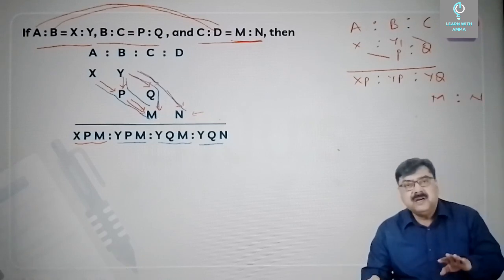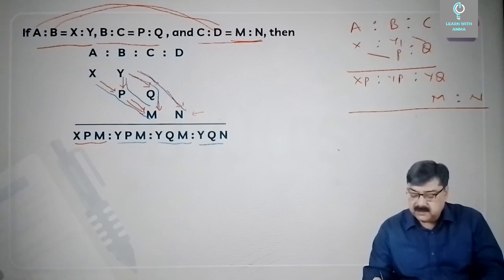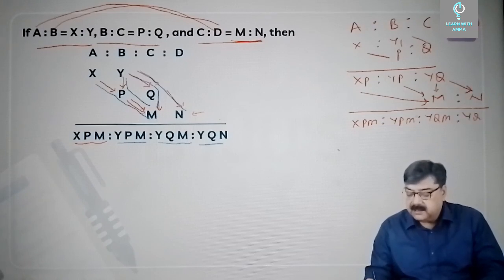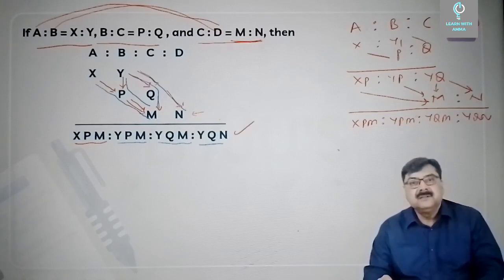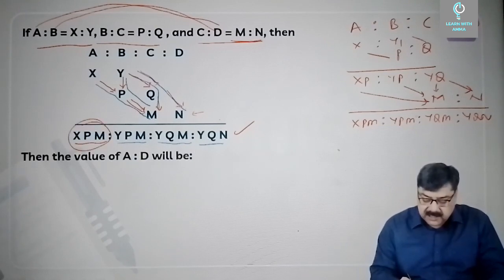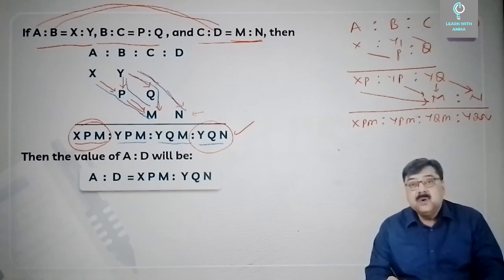So you can break it into 2 steps, and then also you can solve this. So you have xpm is to ypm is to yqm, and finally yqn, as is given here. So A is to D is going to be xpm is to yqn, as we can see here.